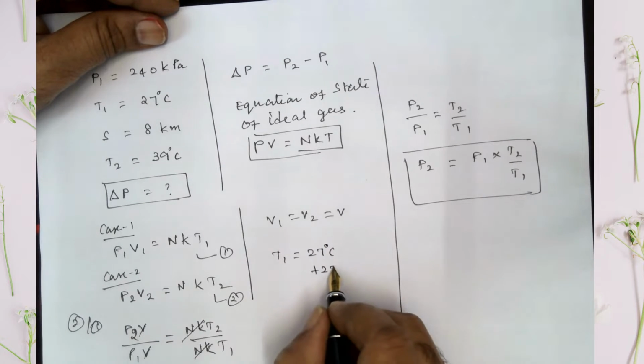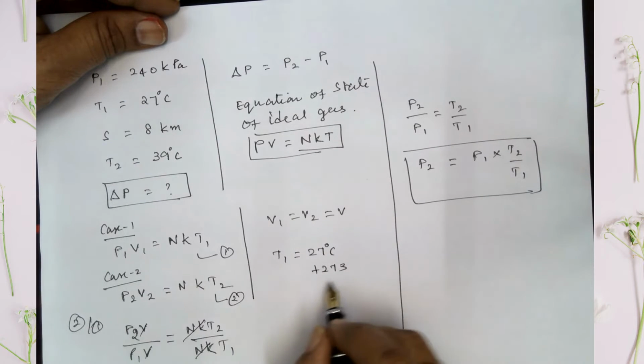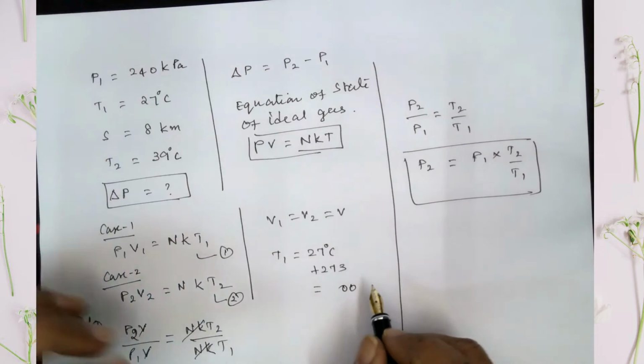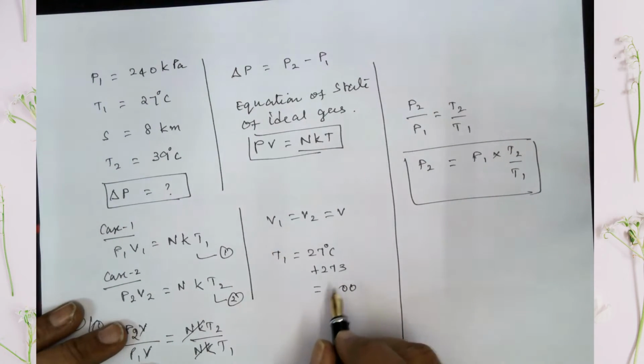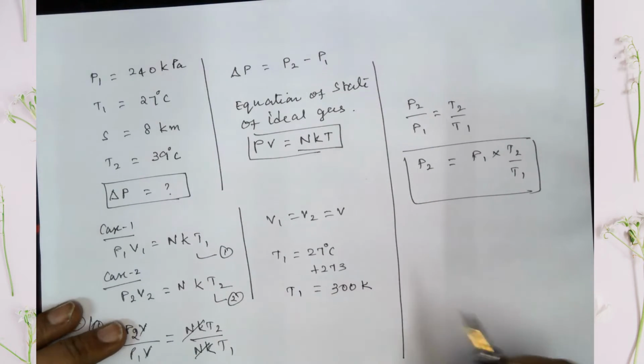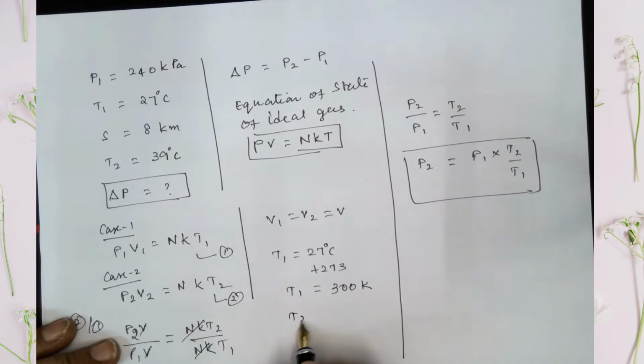It means you can add 273 to get Kelvin. So T1 is equal to 300 Kelvin.